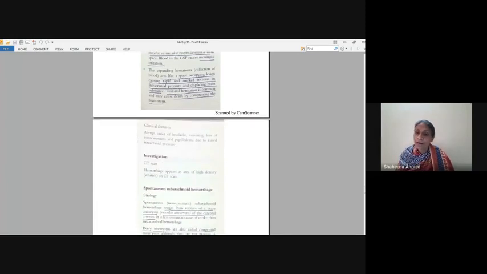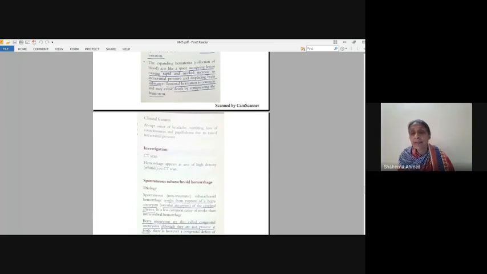Now, on the other hand, as the blood is hemorrhaging out of the vessel and accumulating in the brain tissue, the brain does not have space to expand to accommodate this spillage of blood. So the pressure within the brain increases.